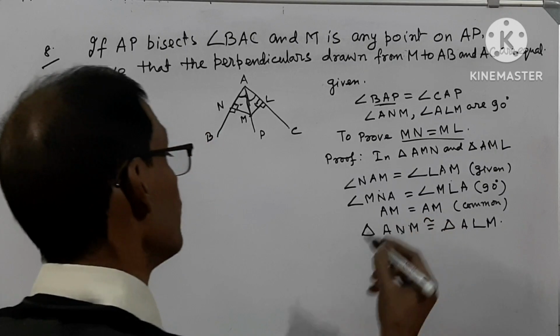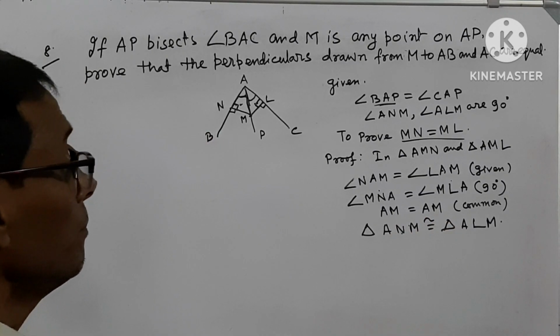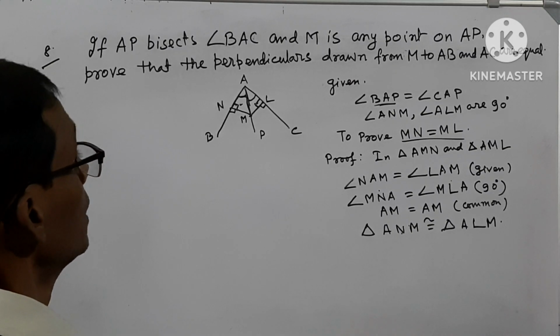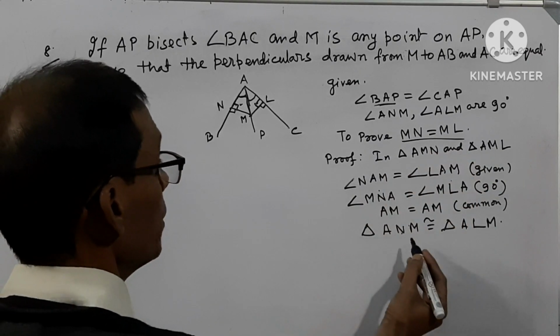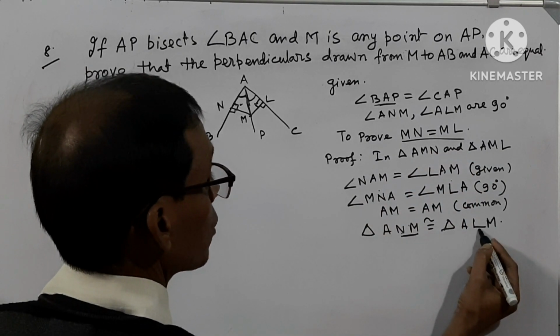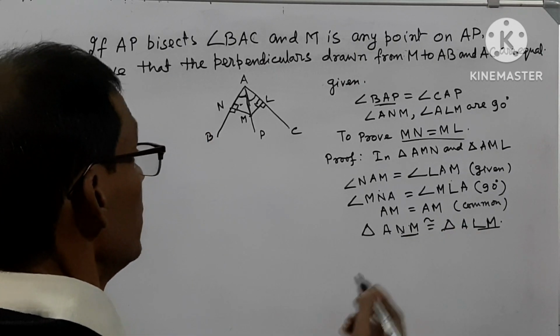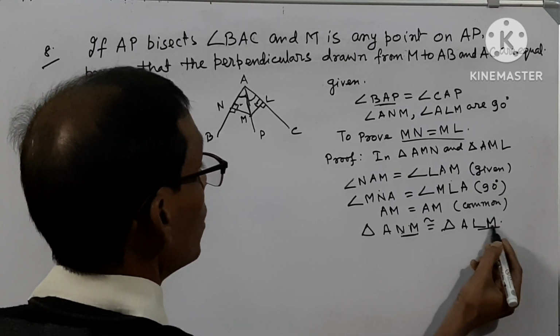So triangle ANM and triangle ALM are congruent. We have to see MN equal to ML. Directly you can write NM equal to LM, or MN equal to ML.